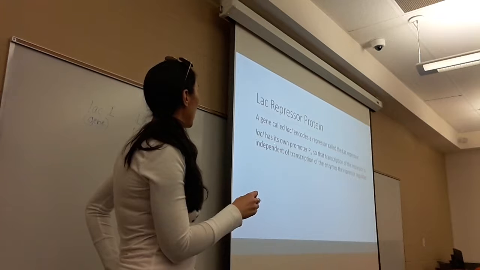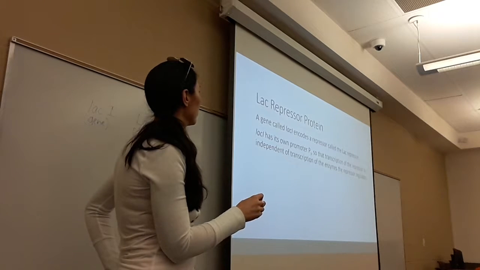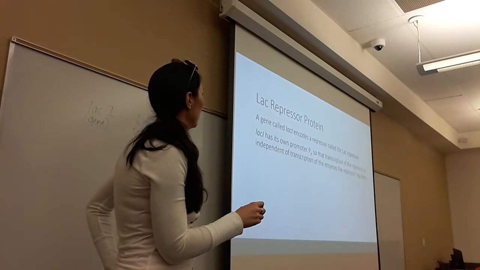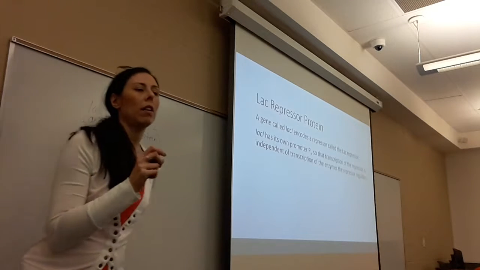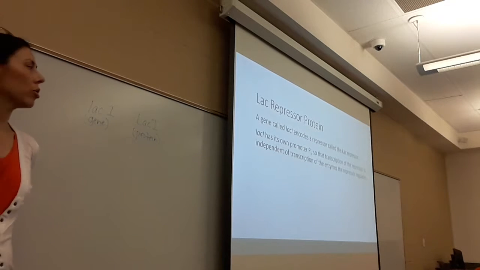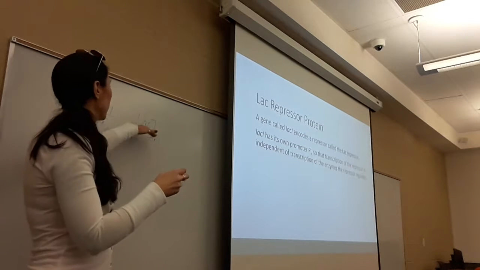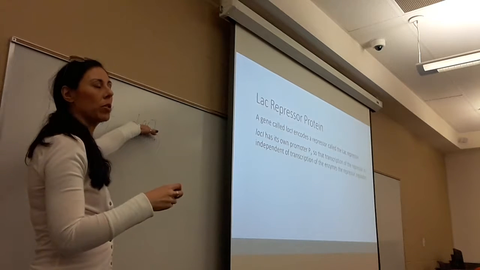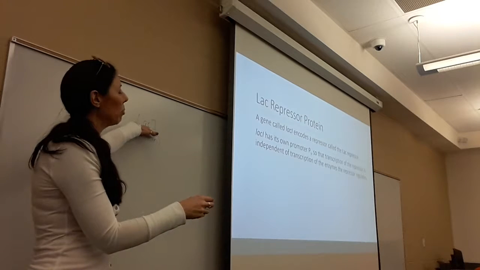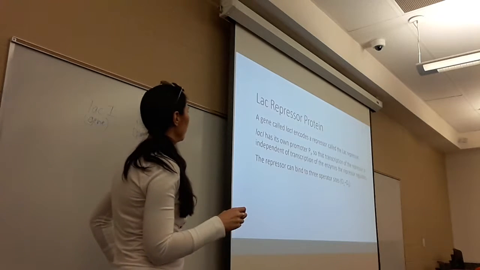The gene lacI has its own promoter, so the promoter for lacI. It's independent of the transcription of the structural genes. Okay? So lacI has its own promoter, is able to make the repressor protein separate from the ZYA genes.